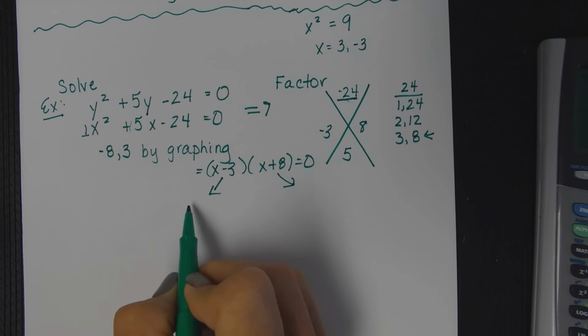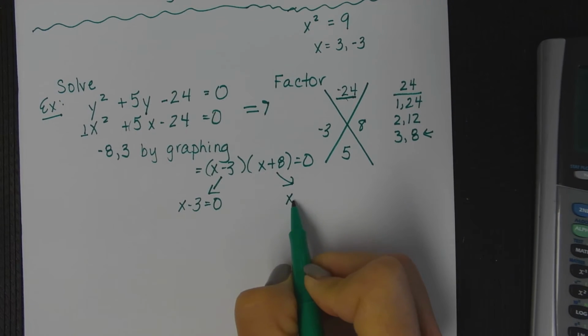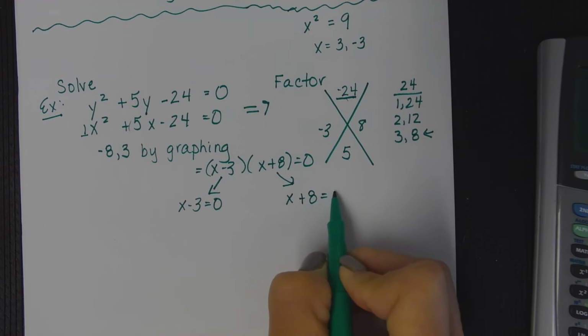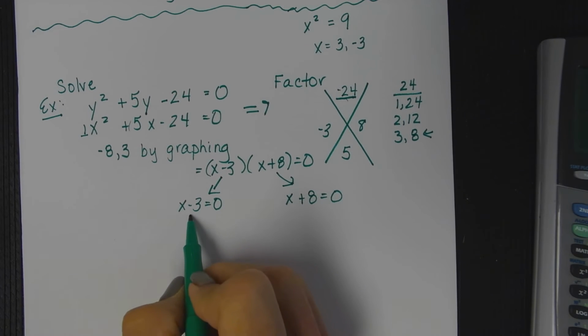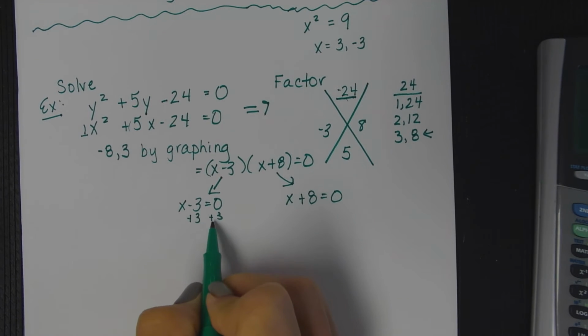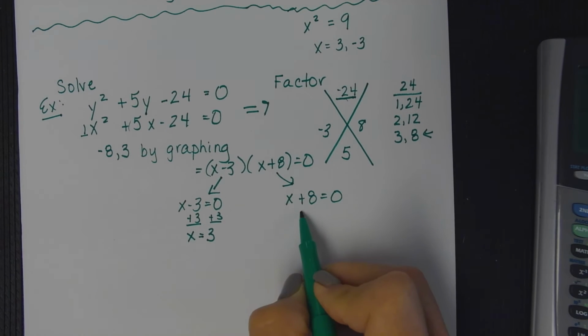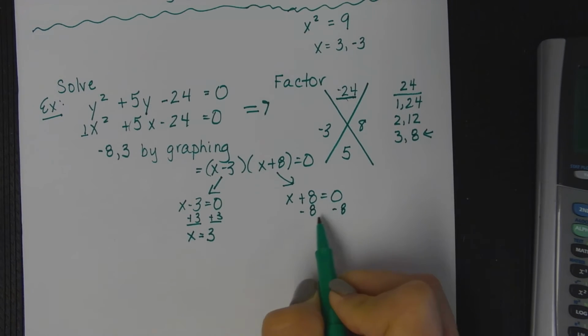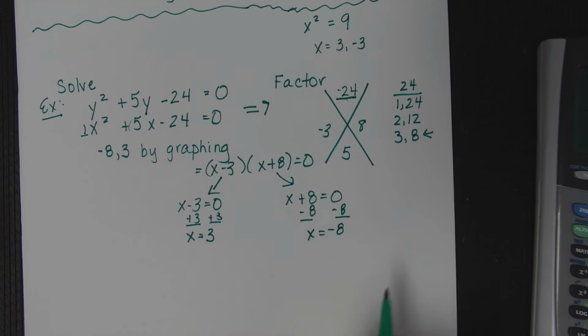Sometimes it's so easy, you're gonna make a mistake. I'm gonna set this equal to 0, and I'm gonna set that equal to 0. And you're just gonna solve. Add 3, X equals 3. Subtract 8, X equals -8.